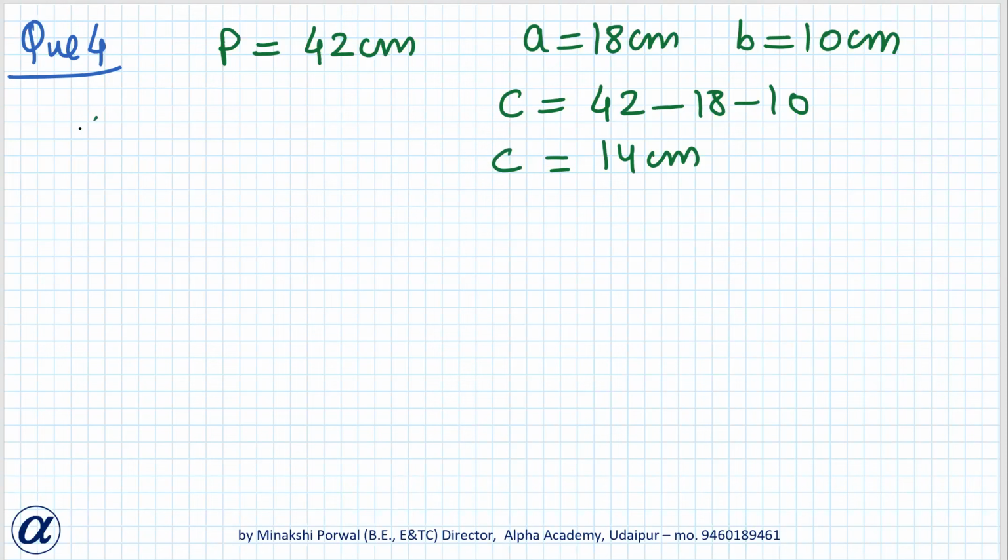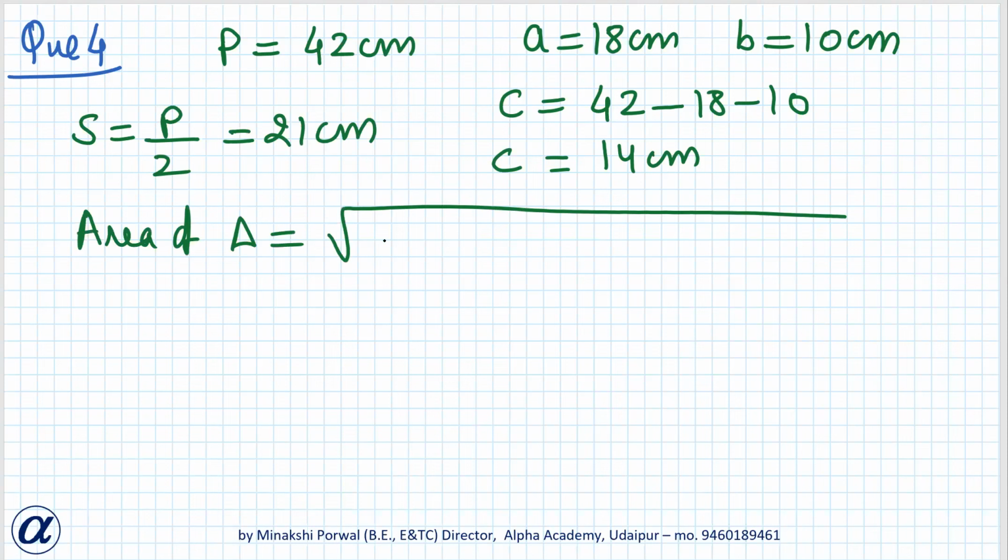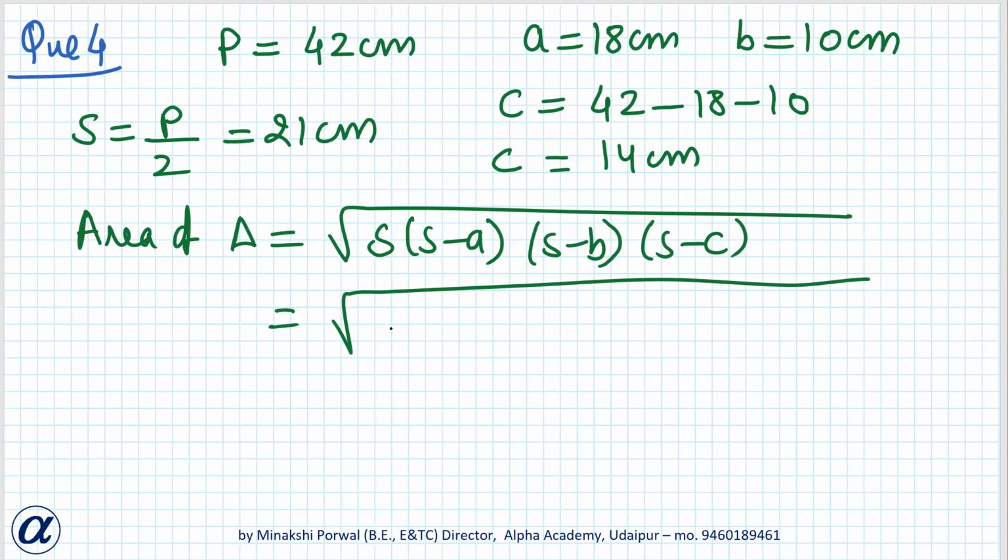After finding this, now again same question. Find semi-perimeter. If perimeter is given, just divide it by 2. So this is 21. Area of triangle is under root of S into S minus A, S minus B, S minus C. So it will be under root of 21, 21 minus 18, 21 minus 10, 21 minus 14.